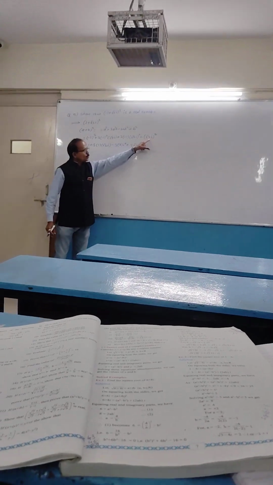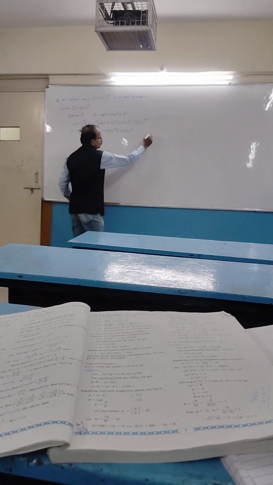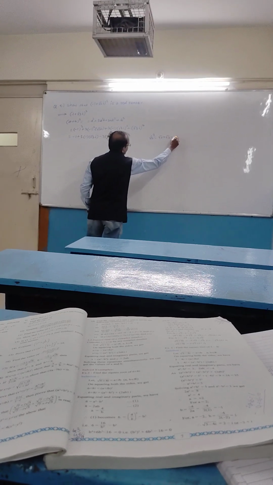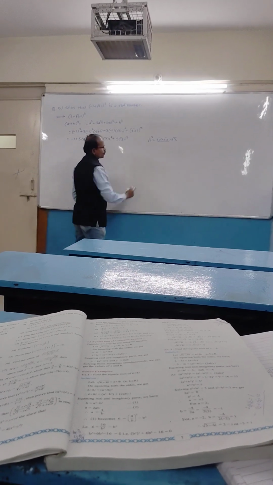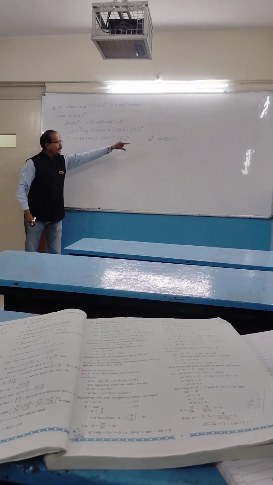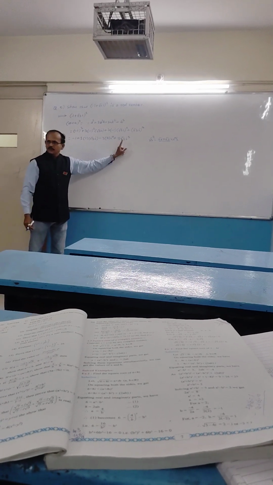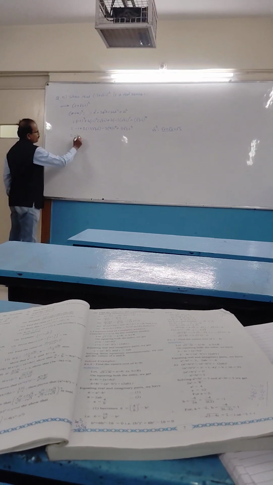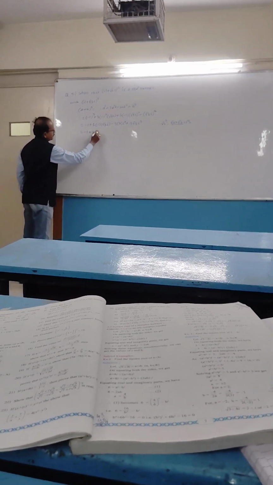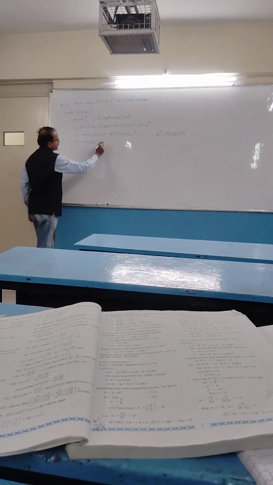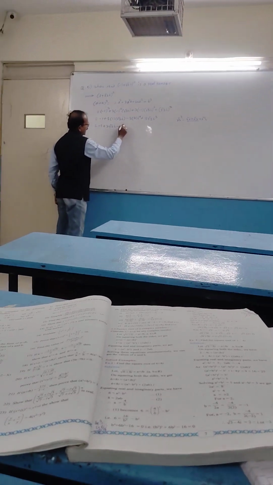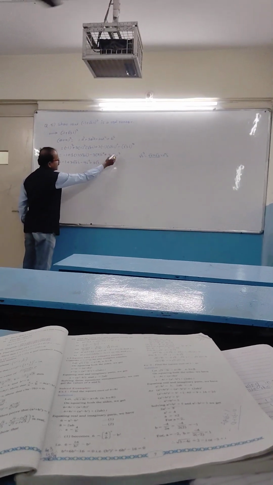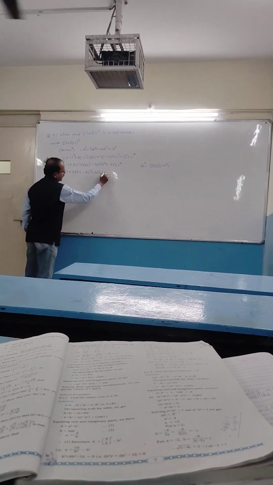Root 3 cubed means root 3 into root 3 into root 3, two times root 3 into root 3 is 3, and another i cubed. Now can we write this: minus 1 plus 3 root 3i minus, this is 9 i squared, plus 3 root 3 i cubed is minus.